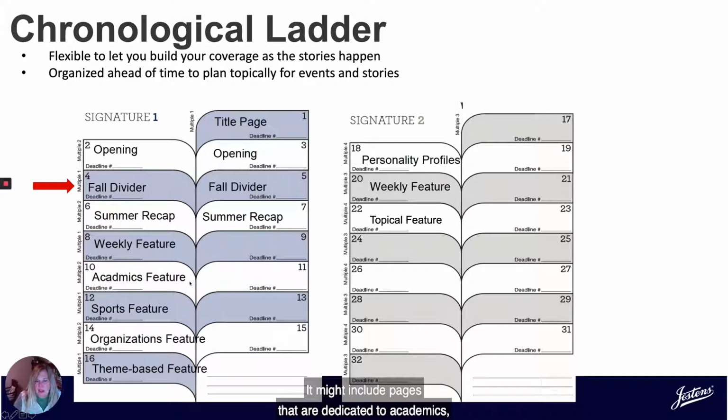It might include pages that are dedicated to academics, sports, and organization, but they also may be a time-based strategy so that you're covering the academics that are happening during this week or 2-week or 3-week span, all collectively on a spread. It may also include things like a theme-based feature. A lot of people call this a showstopper spread. You might also have those personality profiles, and then you can move back into creating another weekly feature or bi-weekly.